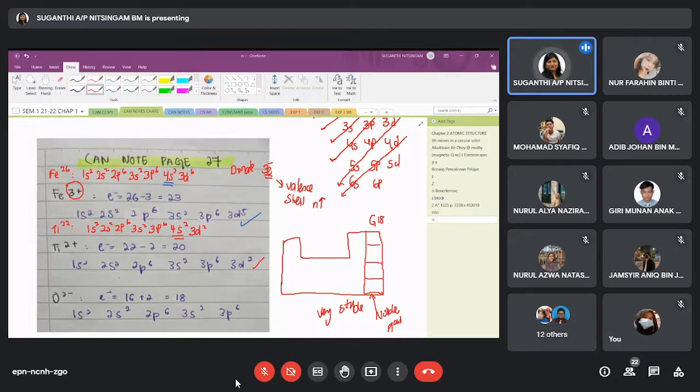It's very interesting. The periodic table is very much about understanding. You must understand that the essence of chemistry is the periodic table. So we need to master it.